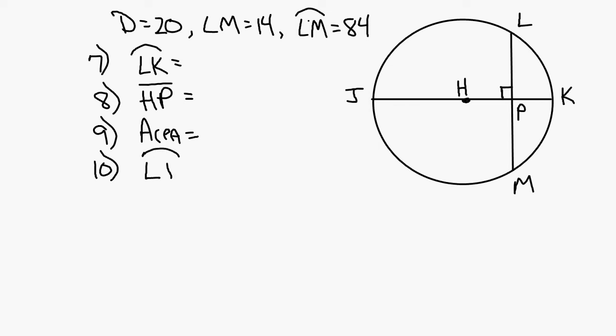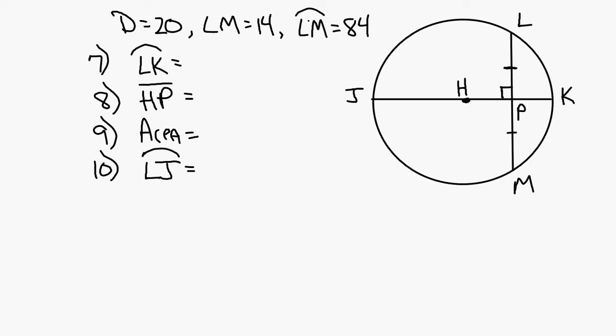Alright, so let's see. L to M is 14. And you've got a diameter that's perpendicular to a chord. So the diameter bisects the chord and it bisects the arc.